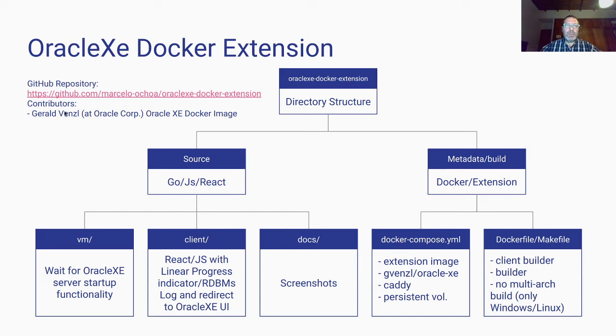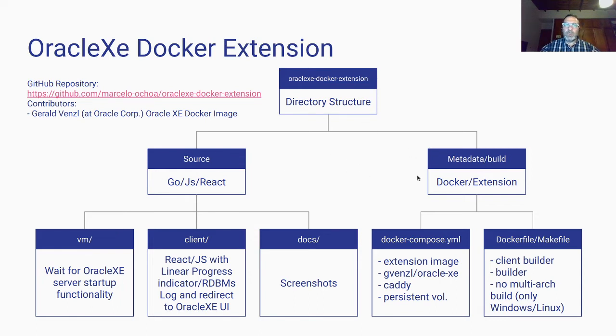The extension is using a Docker image made by Gerald Benz from Oracle Corp, and basically is the binary distribution of the Oracle database plus the functionality to create a default database when the database is starting up for the first time. The code for this extension is also at GitHub. You can check it out and see all the information in detail.